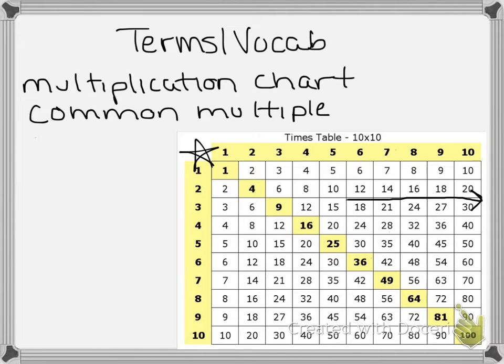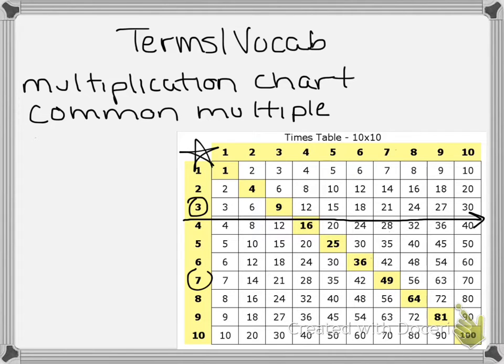Let's look at another one really quickly before we move on. Let's look at 3 and 7. So I am going to start with 3, and I'm just going to look all the way across and see all of those numbers.